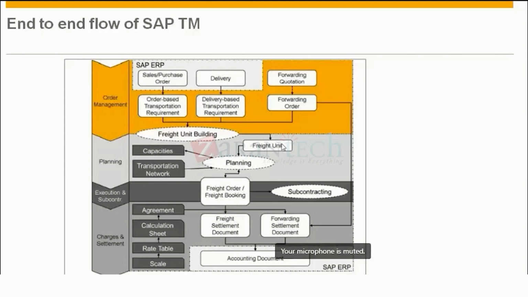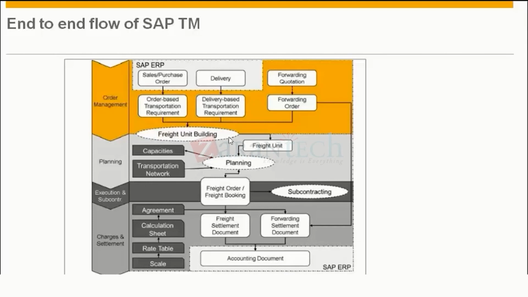Whether you want to create a single freight unit or 10 different freight units per delivery document is entirely defined and set up by the freight unit building rule. This rule is very important because the entire build-up of your freight unit is controlled by it, and you can always see the freight unit building rule in the freight unit.